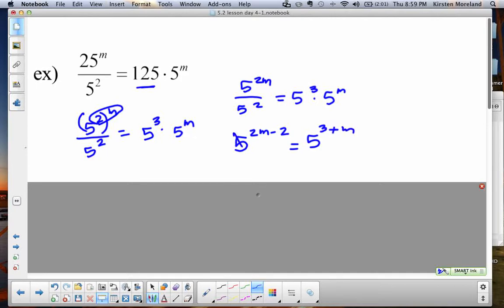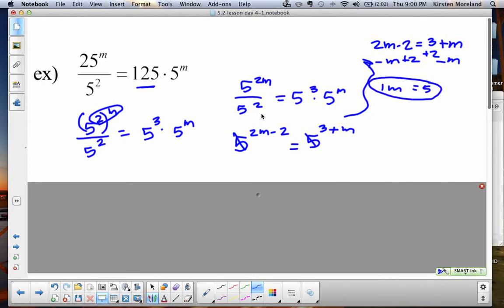Once I get the same base, I can just solve for the exponents. So I'm going to get 2m minus 2 equals 3 plus m. I'm going to subtract m from this side and get 1m. I'm going to add 2, add 2. I get m equals 5, and that's my final answer.